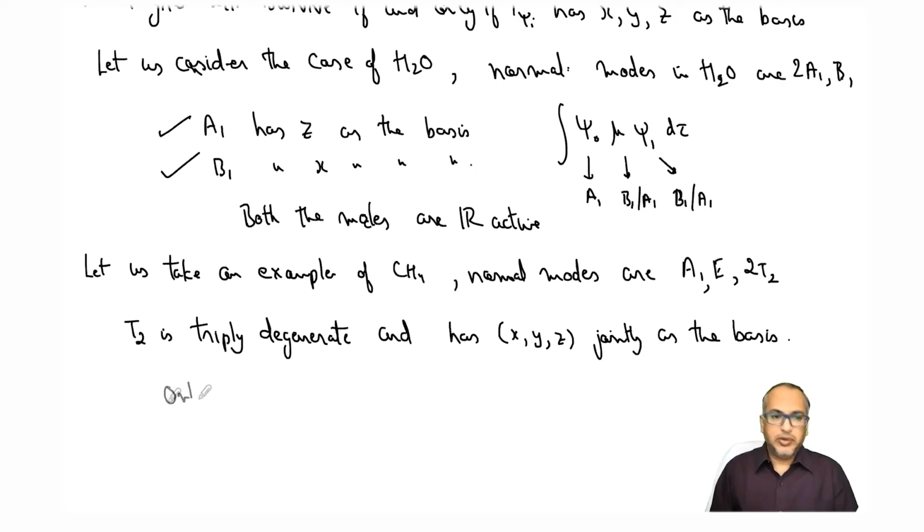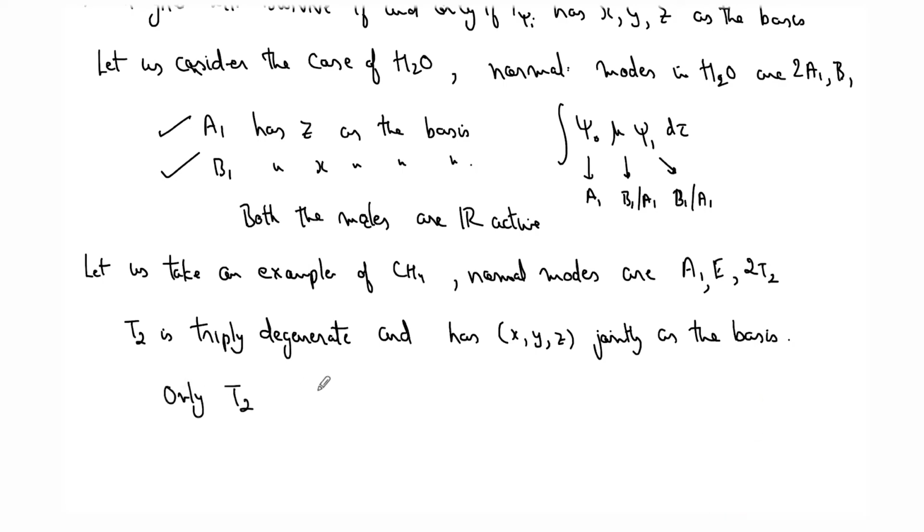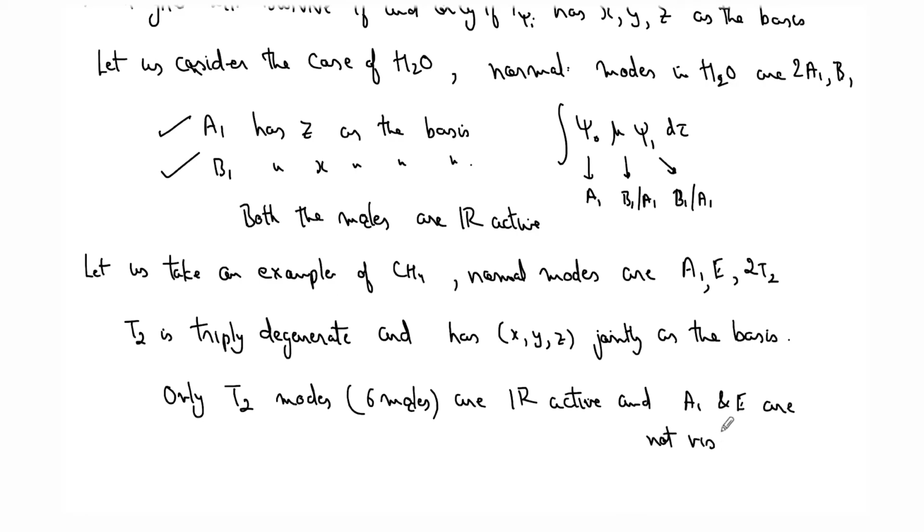So only T2 modes. How many total modes are there then? 2T2, that means 6 modes are IR active, and A1 and E are not visible in the IR spectrum, right?